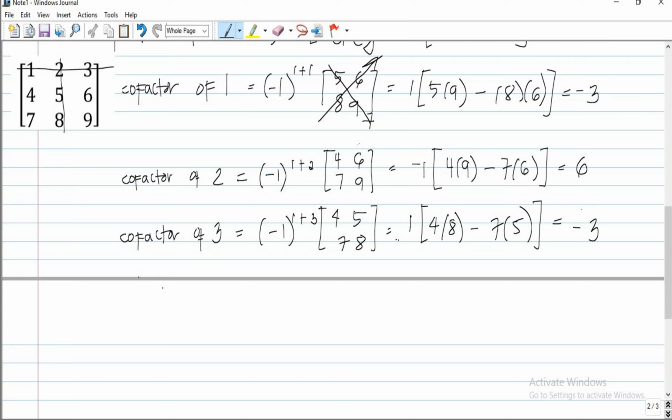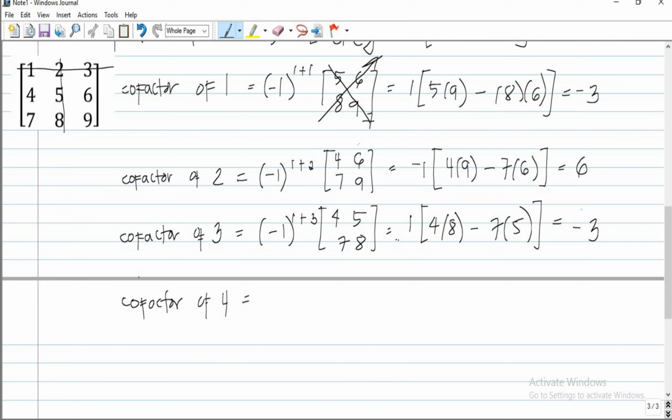So for the cofactor of 4, the cofactor of 4, diretsuhin ko na. Again, you may try to pause this video, then subukan mo kunin yung mga cofactors.